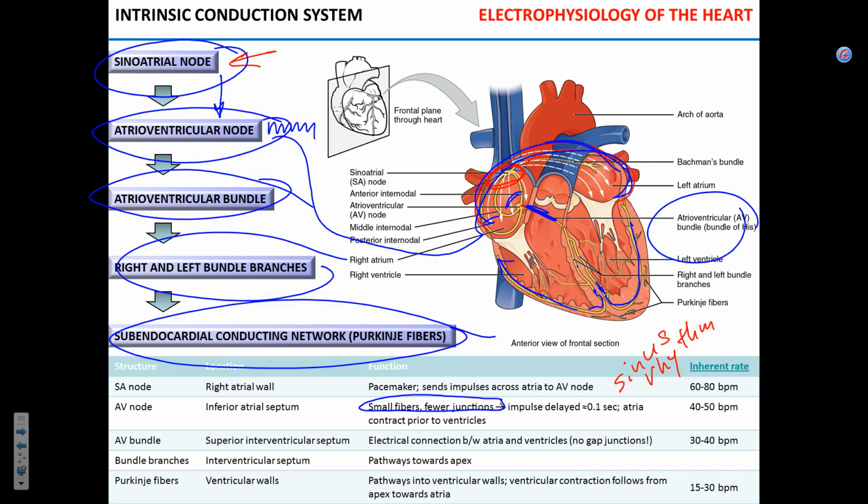So that is the only path between the atria and the ventricles, and that establishes the synchronicity, the certain order of contraction. You got it? So first of all, the AV node slows down the impulse, and the AV bundle is the only way through which atria communicate electrically with ventricles.